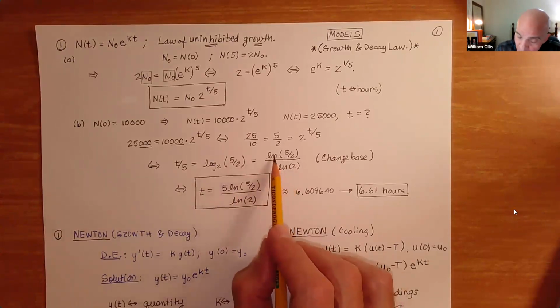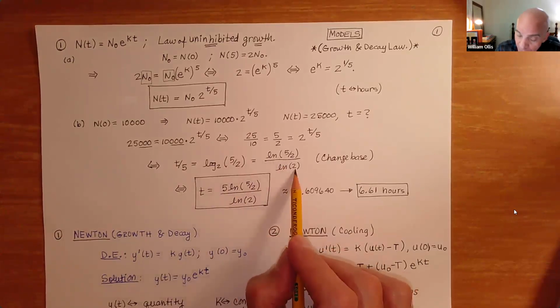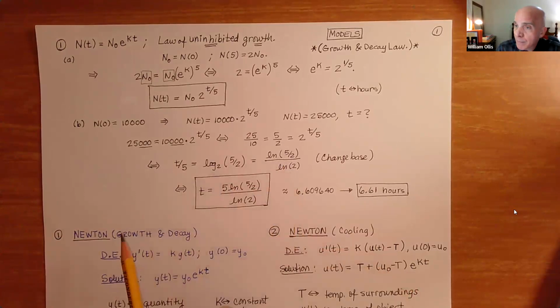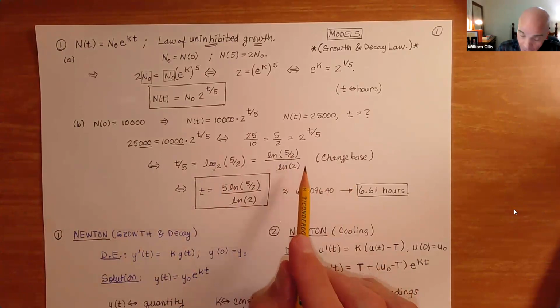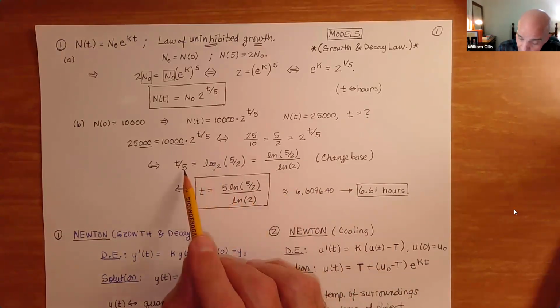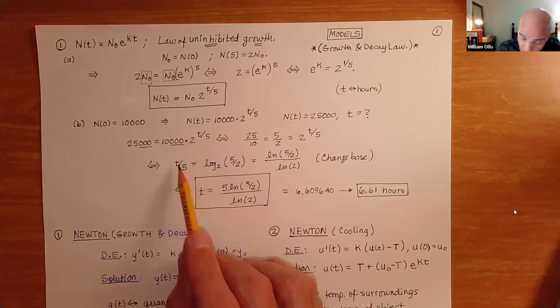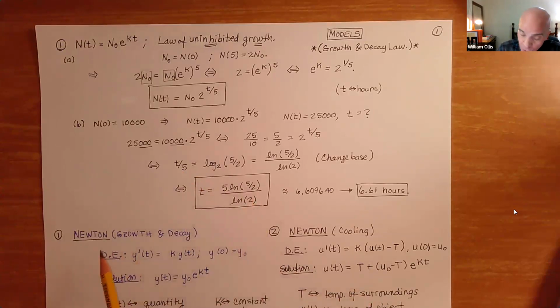So this will just give us the natural log of 5/2 divided by the natural log of the old base, which is 2. So that's a real good way to review your change of base because it's very useful as we solve problems. And so now, when you look at this, we have an exact rendering of the actual time if we multiply by 5. So t is now 5 times the natural log of 5/2 divided by the natural log of 2, and this is exact.